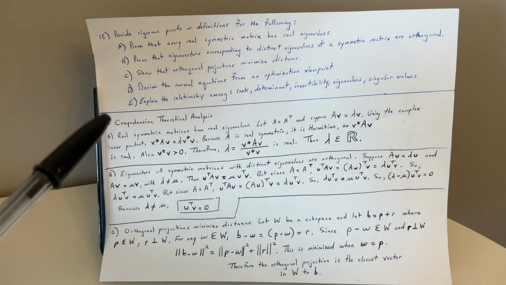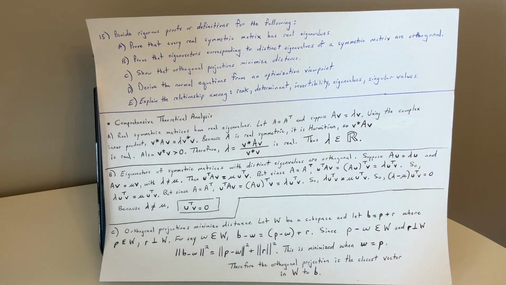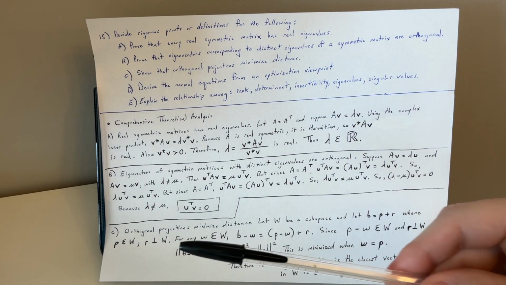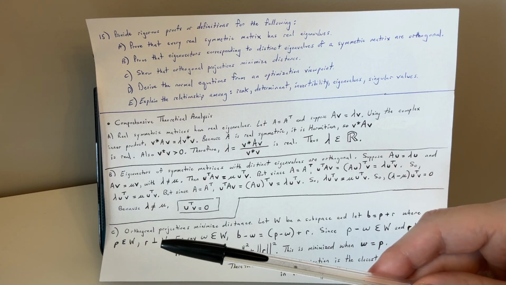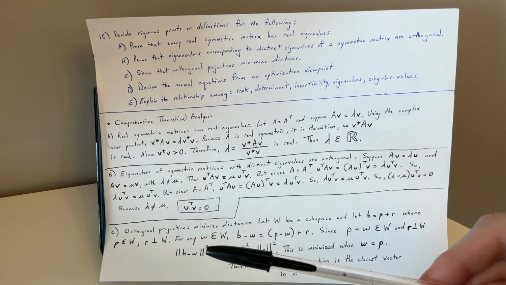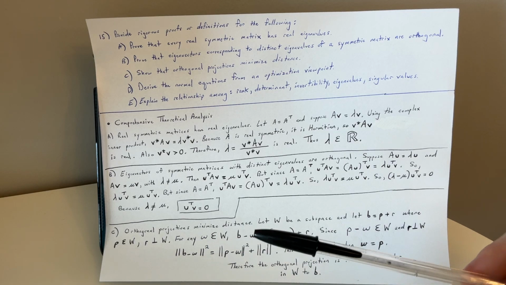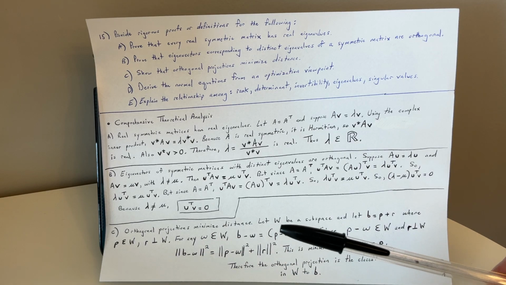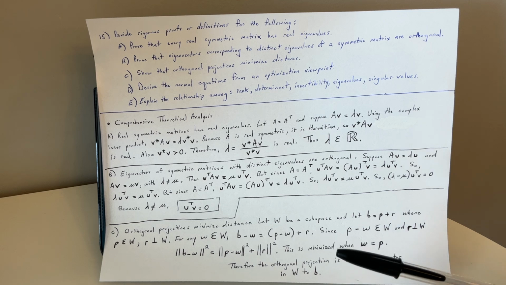Part C, show that orthogonal projections minimize distance. Let W be a subspace and let b equal p plus r, where p is in W and r is perpendicular to W. For any lowercase w in W, b minus w equals the quantity (p minus w) plus r.